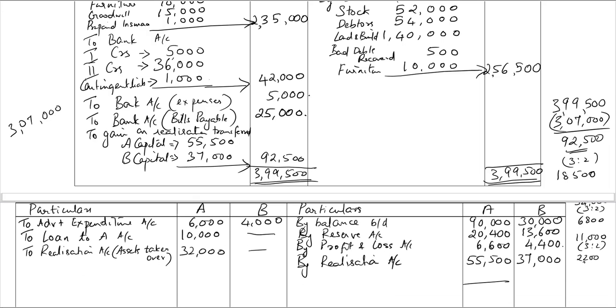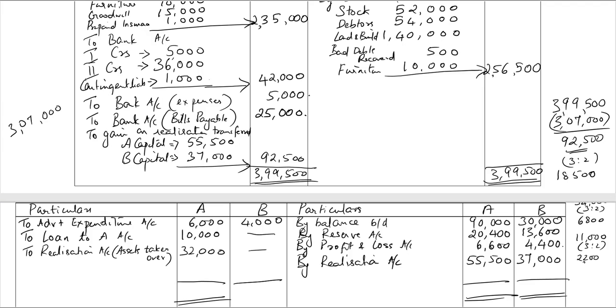We'll balance the account to get the amount of the final settlement. In the case of partner A, the credit total is greater, totals to 1,72,500 rupees. So to bank account for the final settlement.